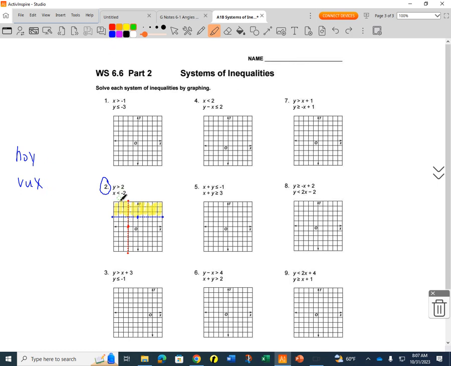It's less than, so the numbers that are less than -2 on the coordinate plane are going to be to the left. So you'll see that the parts that overlap are right here. So you should have all the shading on your graph, but this is the part you should darken.